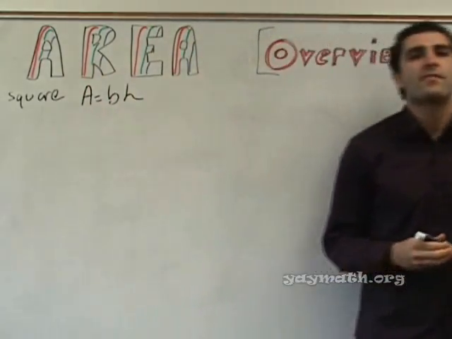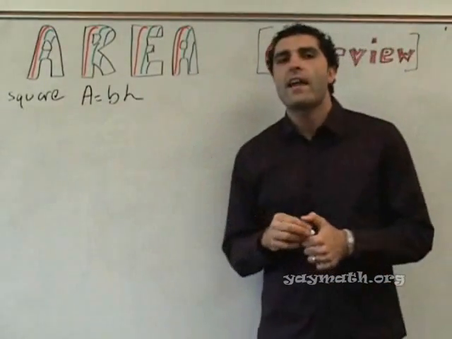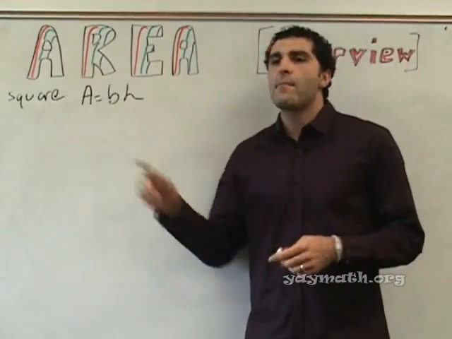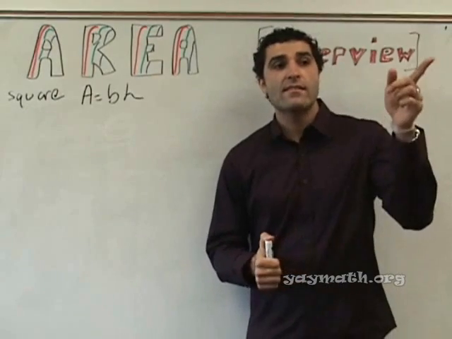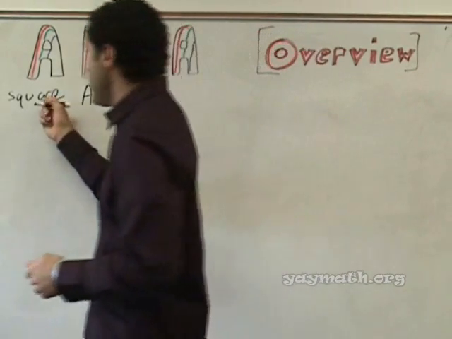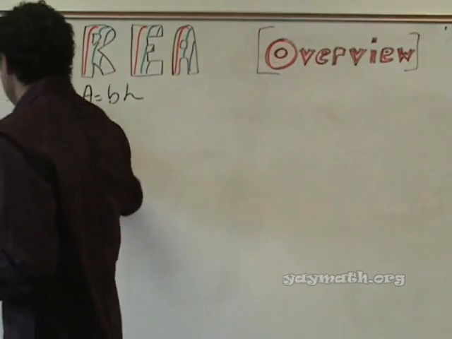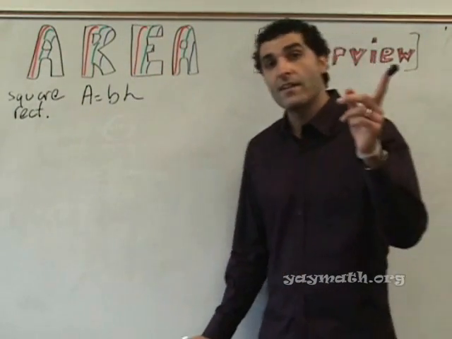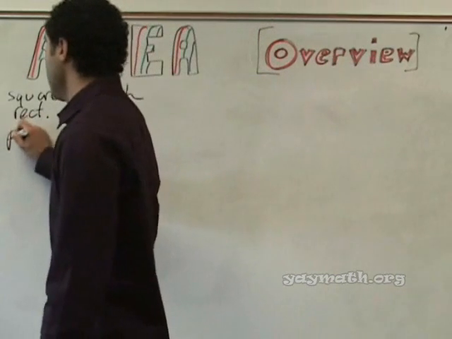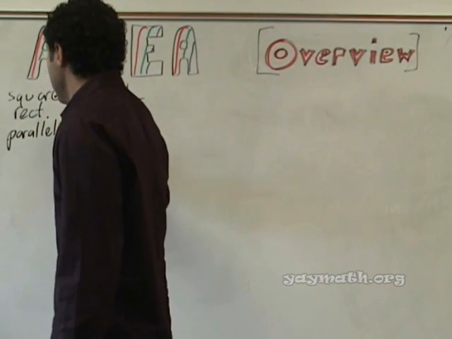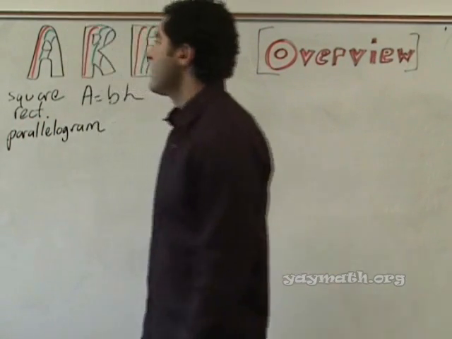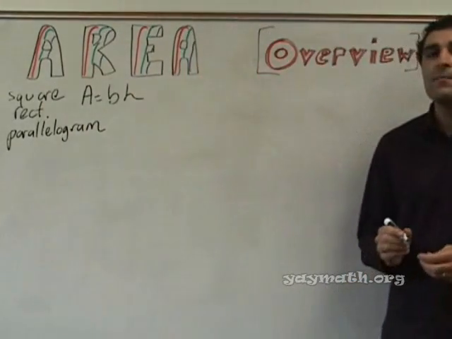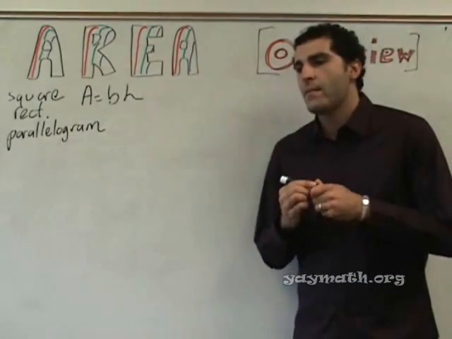Any other shapes that fall under this category of the area is base times height? Rectangle. Anything else? Parallelogram. Very good. Squares, rectangles, and parallelograms. Area equals base times height.